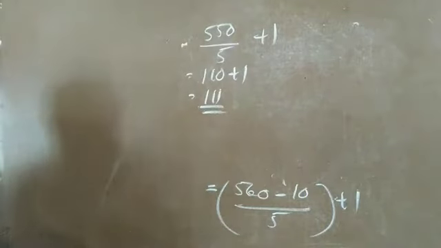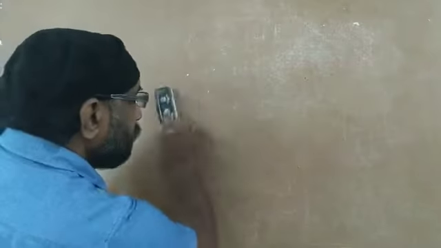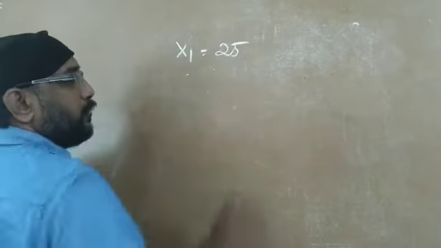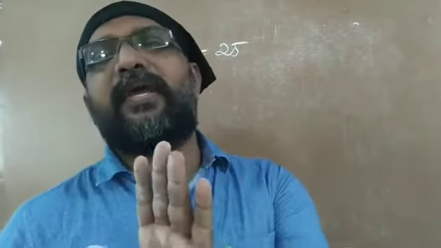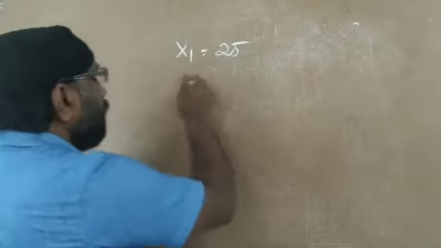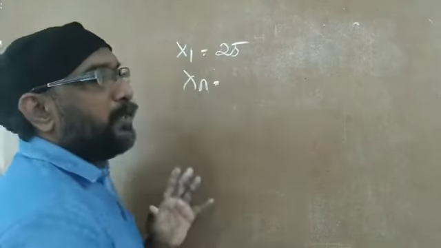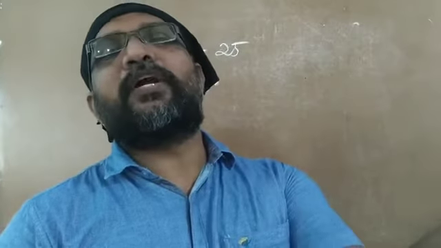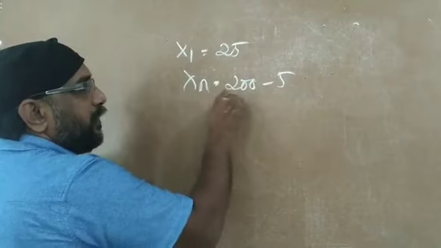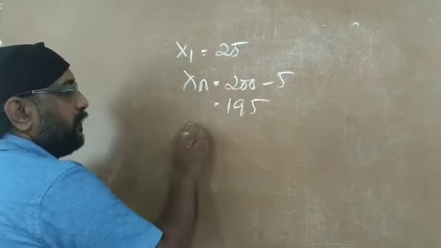So you write below there, x1 is equal to 25. That means 20 and 200 cannot be taken. The last term is not 200, but can you say 200 minus 5? xn is equal to 200 minus 5, 195.